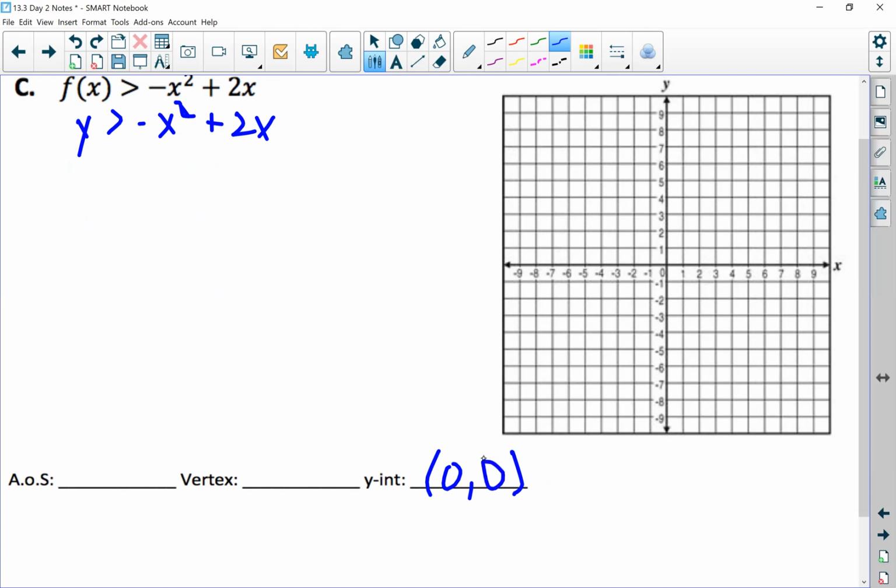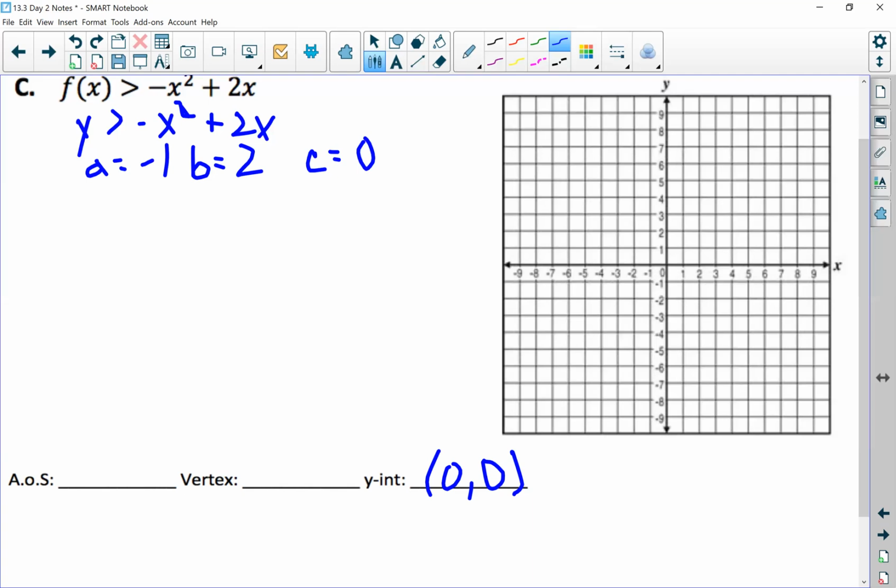So c is 0. Our y-intercept is at the origin. A, B, C. A is -1. B is 2, and we already said C was 0.